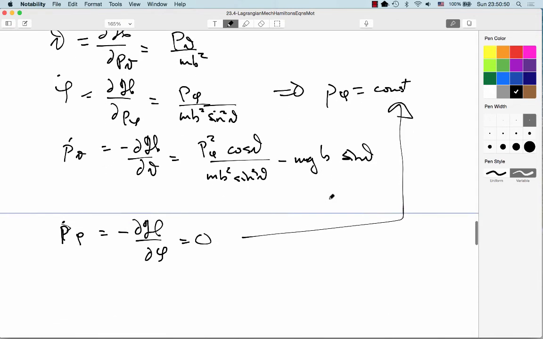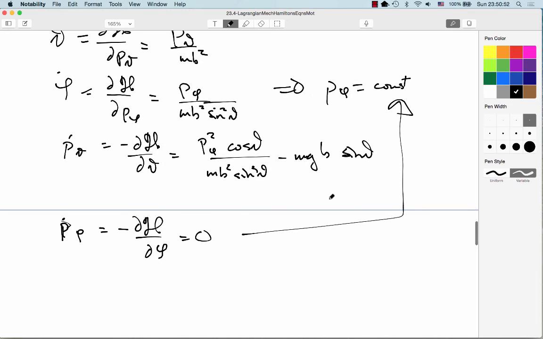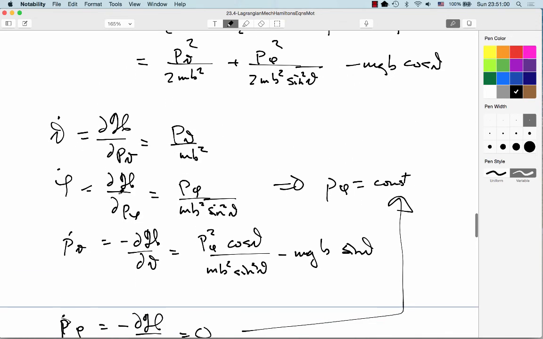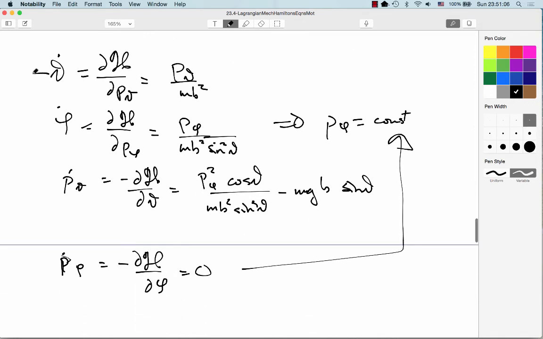All right, so substituting in, I'm left with this guy here. I can say that this will give me that p theta dot is equal to mb squared theta double dot, right?